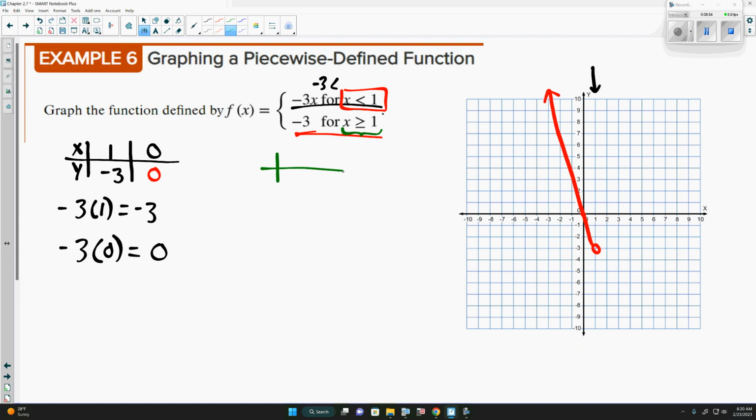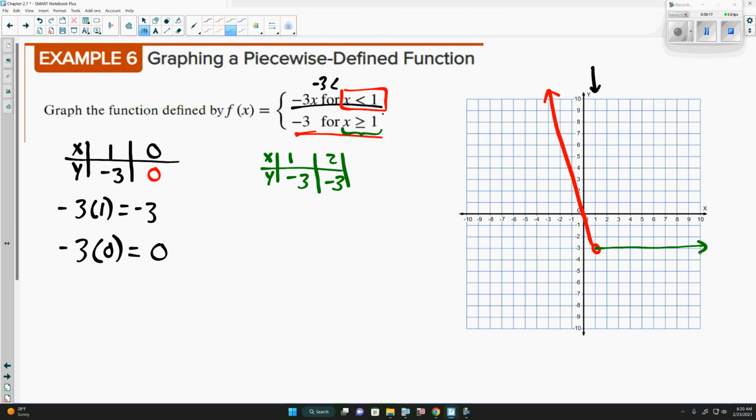Because if I did a table, we could say x, y. 1, 2. Well, at 1, it's negative 3. At 2, it's still negative 3. At any value greater than 1, it's going to be negative 3.